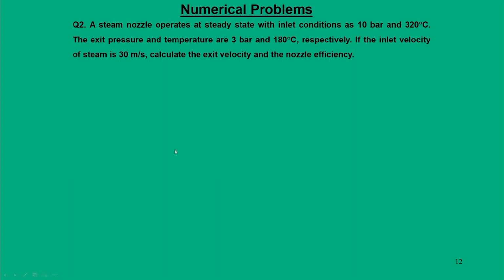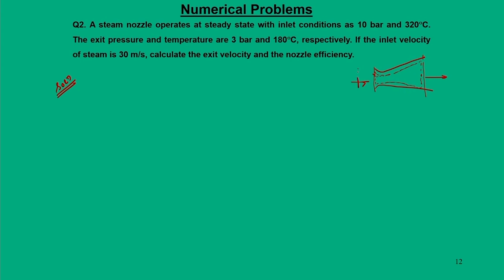The next problem talks about steam nozzles. Normally, steam nozzles are used to generate thrust. Schematically, the steam nozzle's shape is defined in this manner. It is basically a convergent divergent nozzle, and the control volume can be represented in this manner.